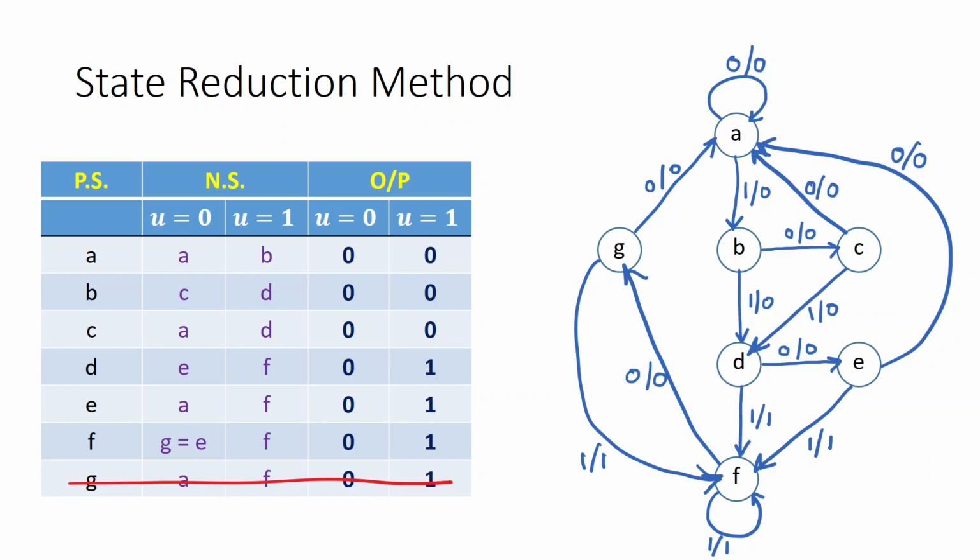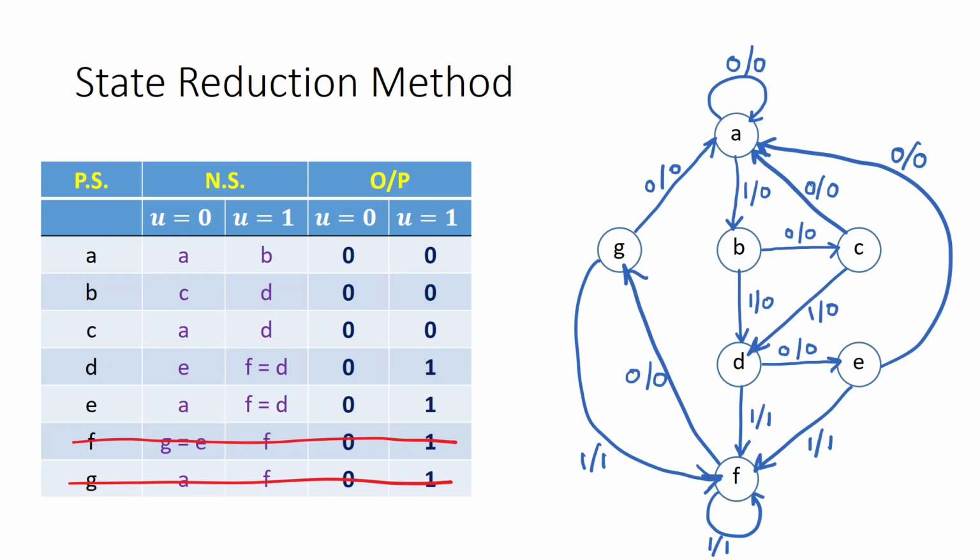Here you can see that as we have changed G to E, I get this state D and F as duplicate states, because the next state and the output combination, you see, becomes same. So F we also cross off. So when we cross off F, we have to replace the F with D, because F and D are the duplicate ones. So F has to be replaced with D. This is what we are doing.